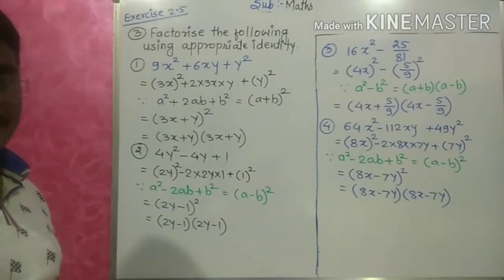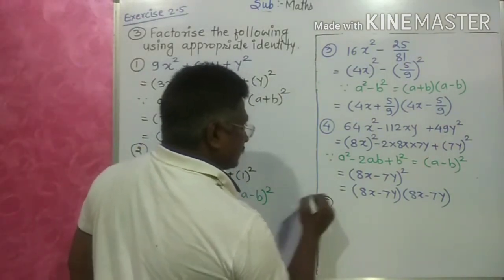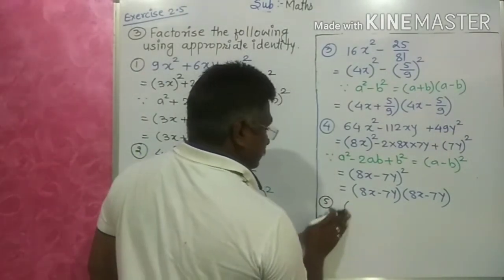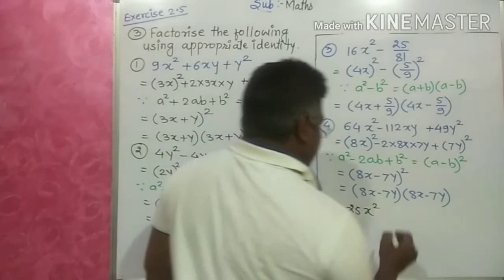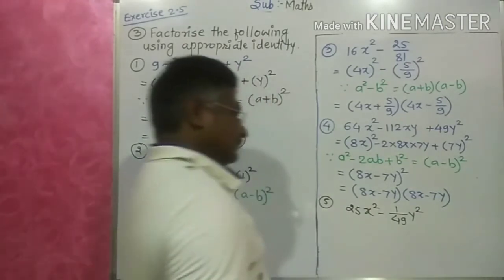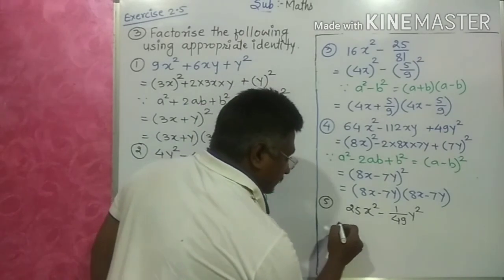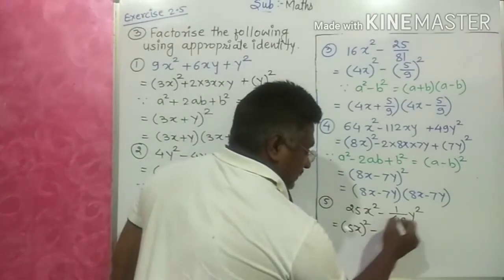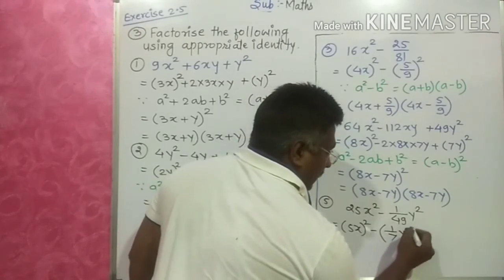Understood how to factorize? One more example: 25x square minus 1 by 49 y square. Both are perfect square numbers. So we can write (5x) whole square minus, the square root of 1 is 1 and the square root of 49 is 7, so (1 by 7y) whole square.